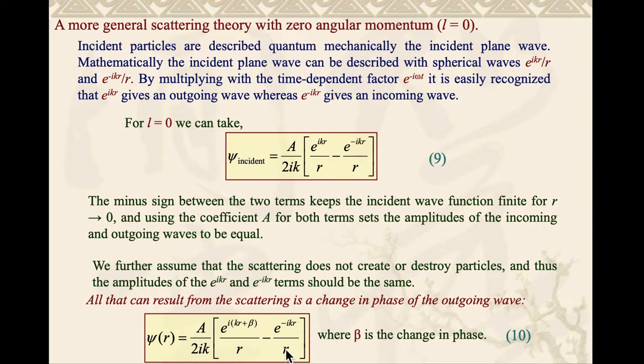In scattering, you can say that due to scattering, there will be a change in phase, not amplitude, for the scattered wave, and you can consider the phase as beta. So this positive term becomes e raised to i kr plus beta, and this is the outgoing part.